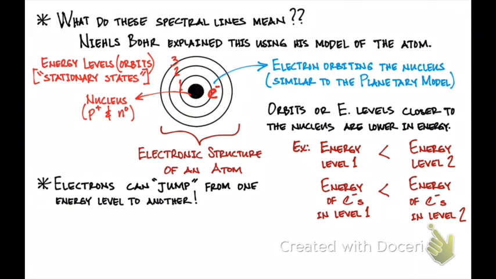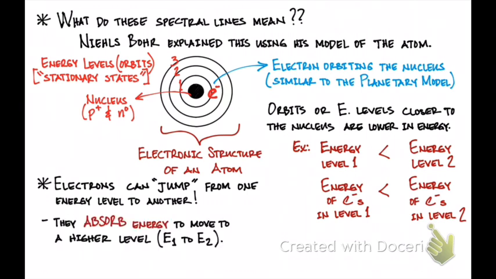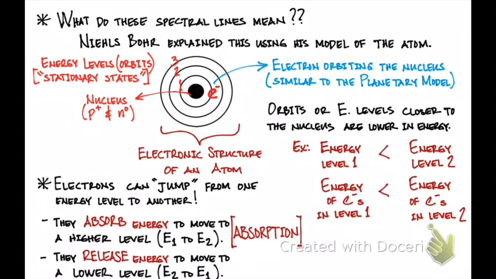One thing that you need to know here is that electrons can jump from one energy level to another, but they can only do so by either absorbing energy or releasing energy. So electrons can jump from one energy level to another by absorbing energy.